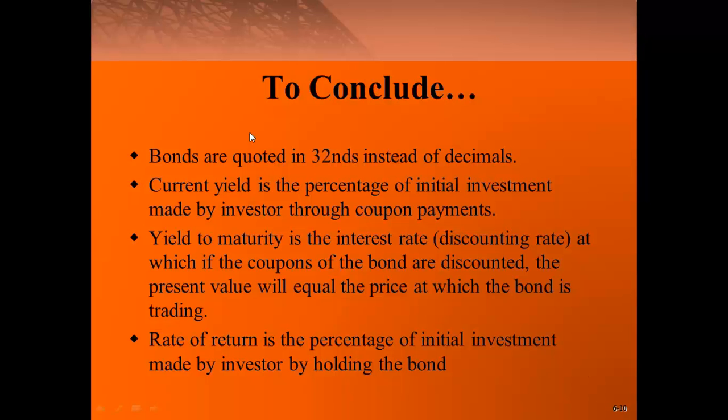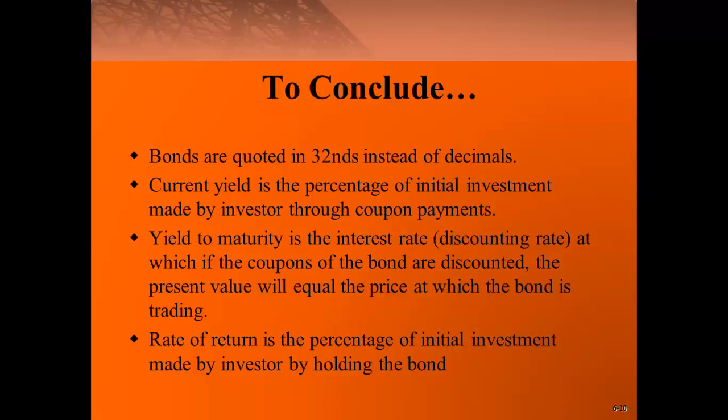To conclude, bonds are quoted in 32nds instead of decimals. We can always convert to decimals from 32nds. Current yield is a percent of the initial investment made by the investor through coupon payments. The yield to maturity is the interest rate at which the cash flows, when discounted, will give us a present value equal to the price of the bond.